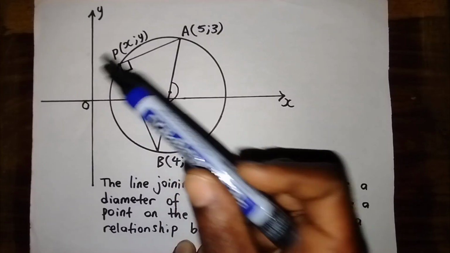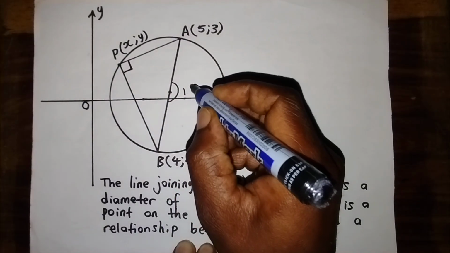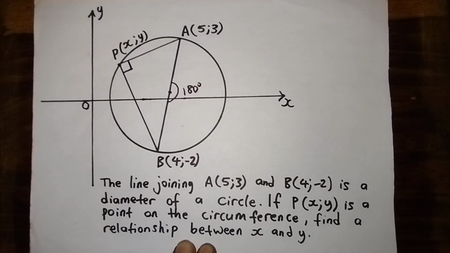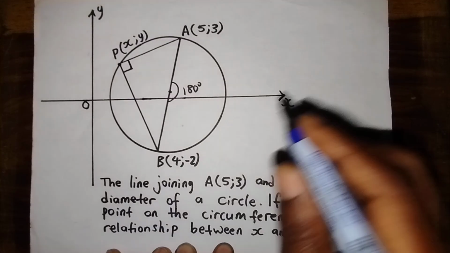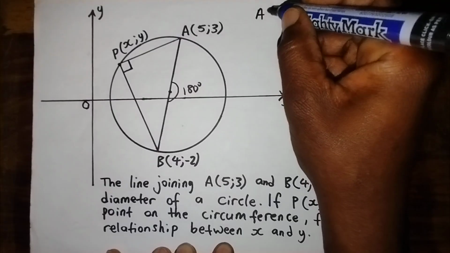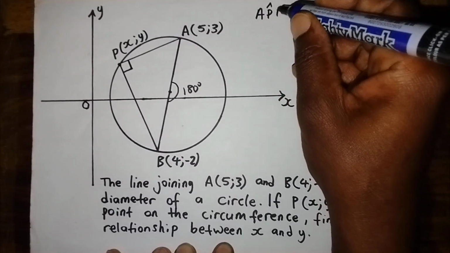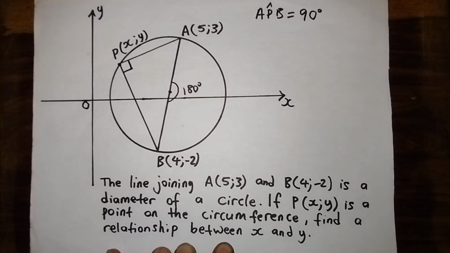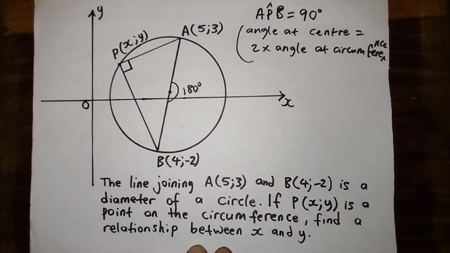So if this is 90 degrees, this one here at the center is 180 degrees. So angle APB equals 90 degrees because angle at center equals 2 times angle at circumference. Okay, so let's move on with our working.